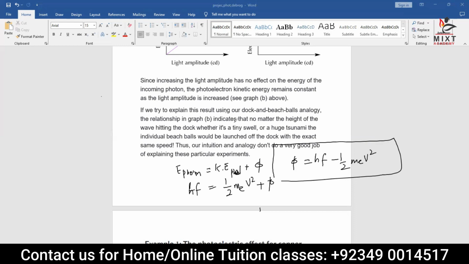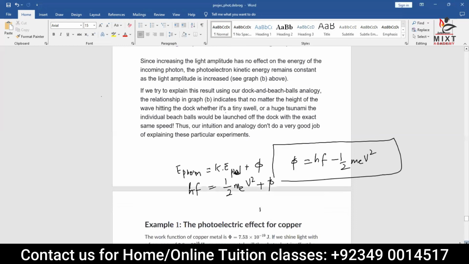Sir, you still haven't told us what is the value of Planck's constant. Yeah, I will tell you. Don't worry. When the numericals come, I will give you the Planck's constant value. Remember that that value will be provided to you. It's a very long value, 10 raised to the power something. I myself don't remember that, so I will show it to you.